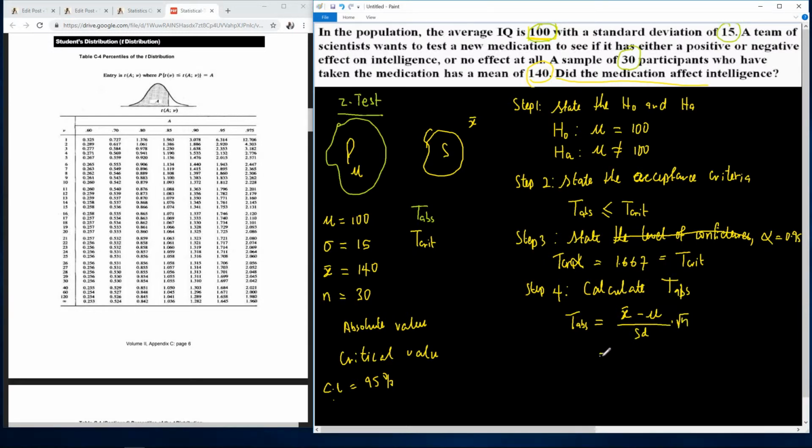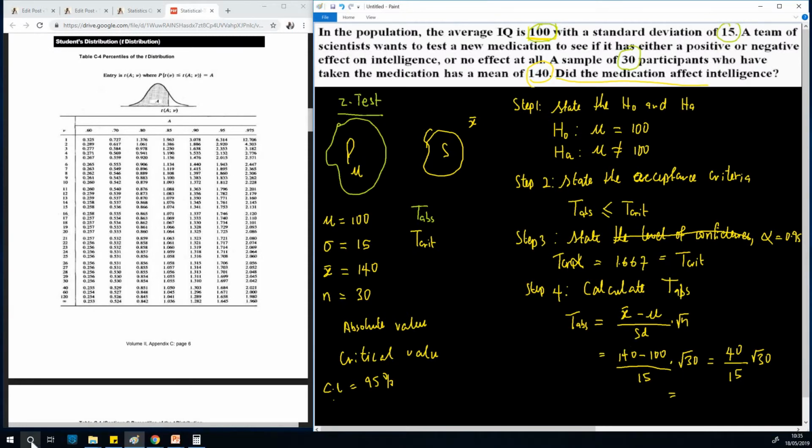If I fix in the values, we have 140 minus 100 over 15 times root 30, and that will give us 40 over 15 times root 30, and that will give us what?